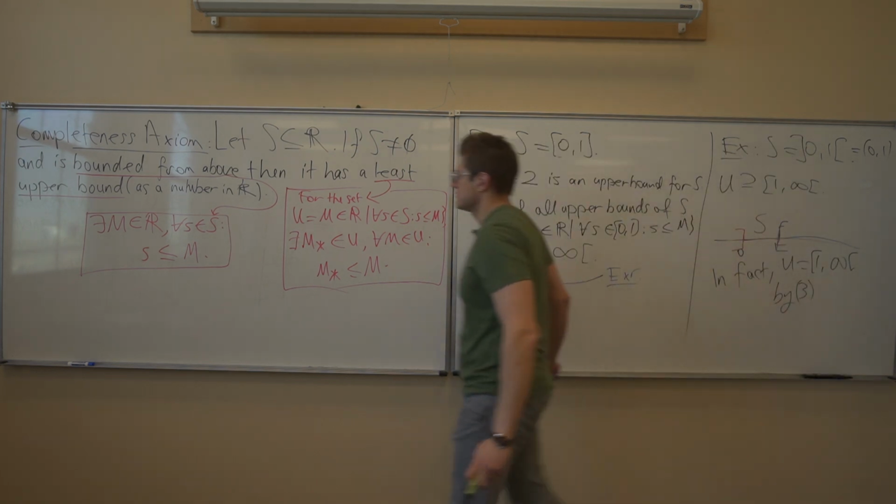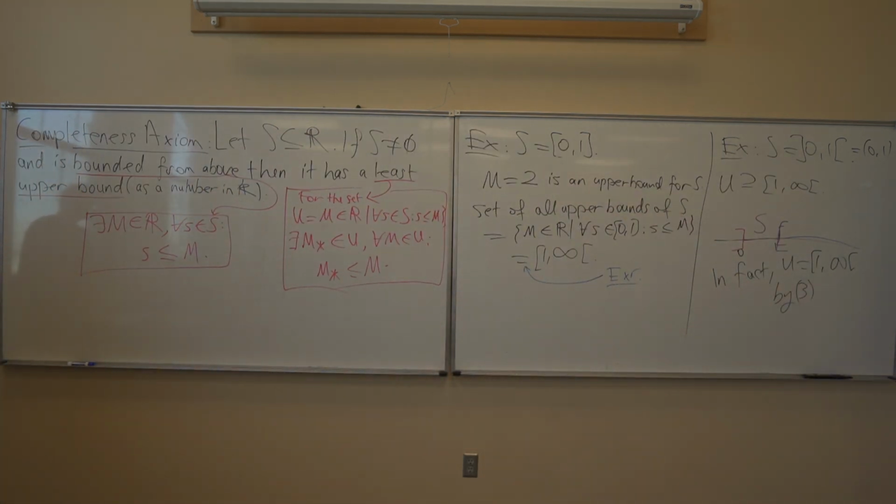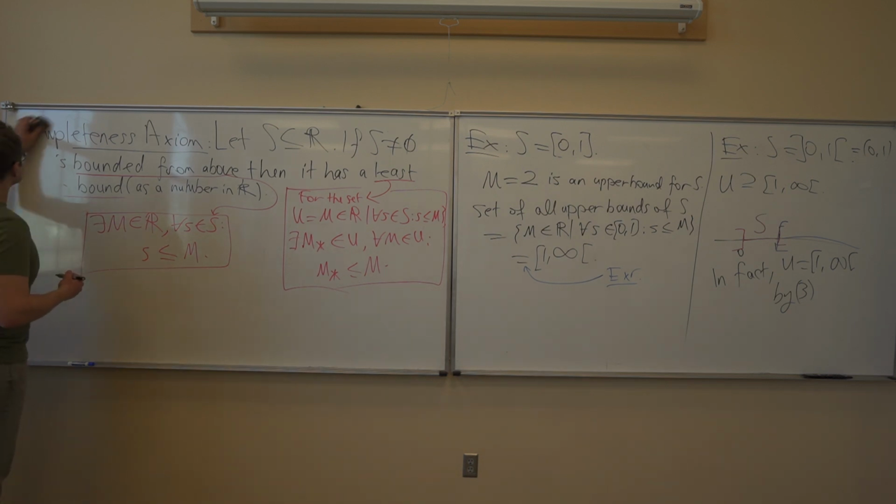And 3 is the Archimedean property. So this was 2. Okay, 3 is the Archimedean property.